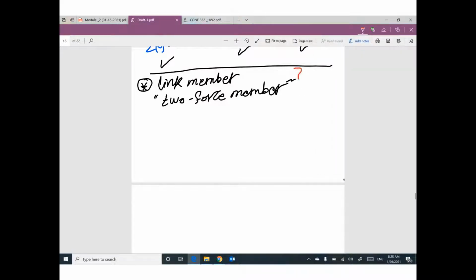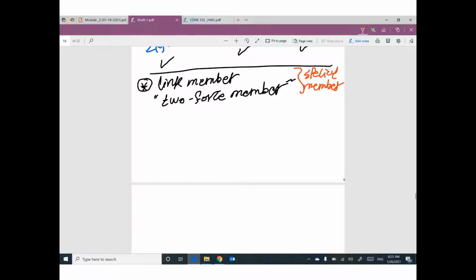This member is a special member. If you can find this member in the problem, you are lucky, because the problem becomes easier.